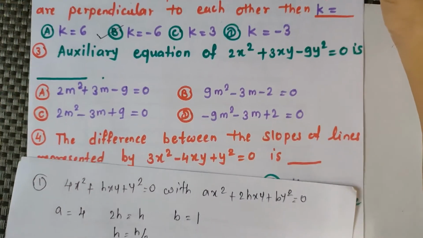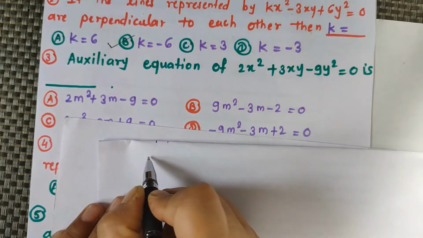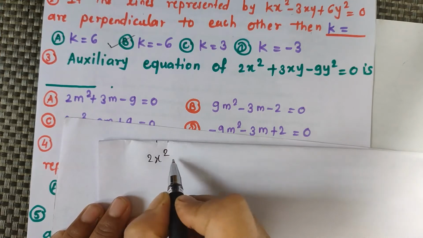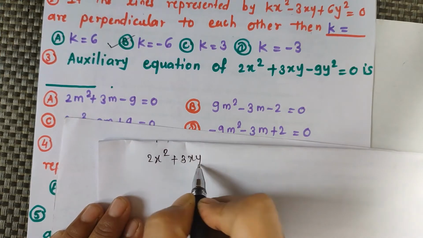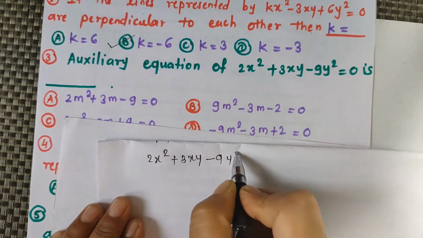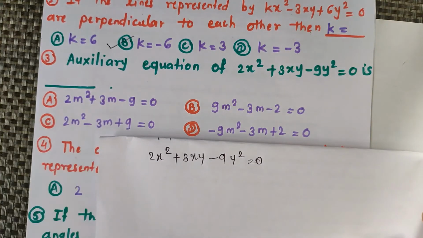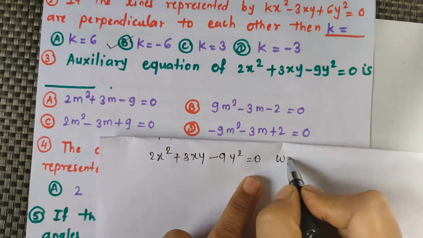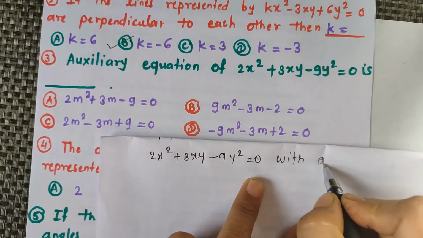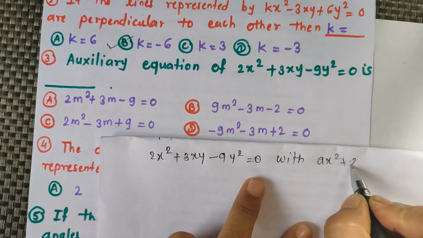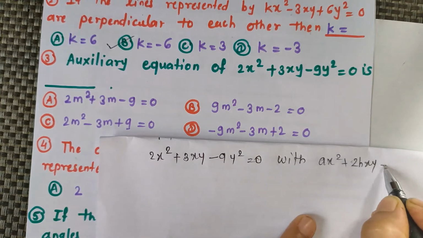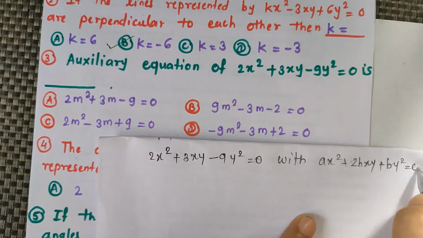So first comparing the given equation 2x square plus 3xy minus 9y square is equal to 0 with the homogeneous equation ax square plus 2hxy plus by square is equal to 0.